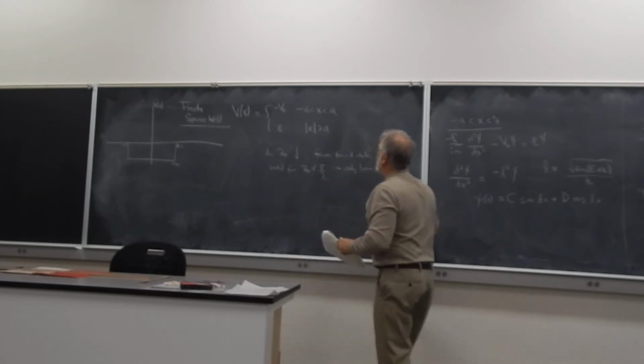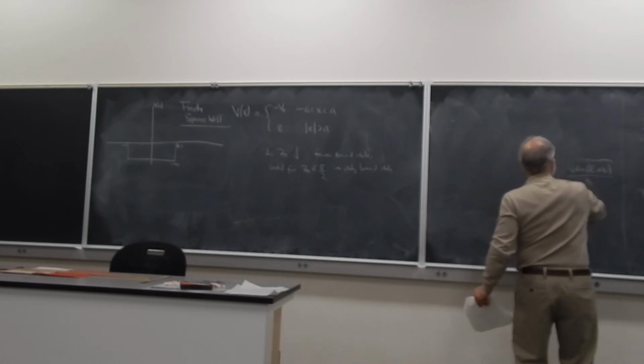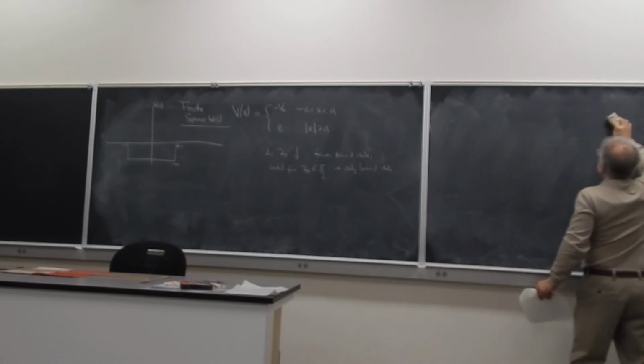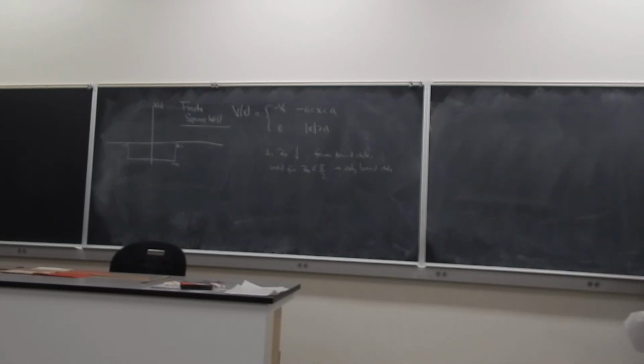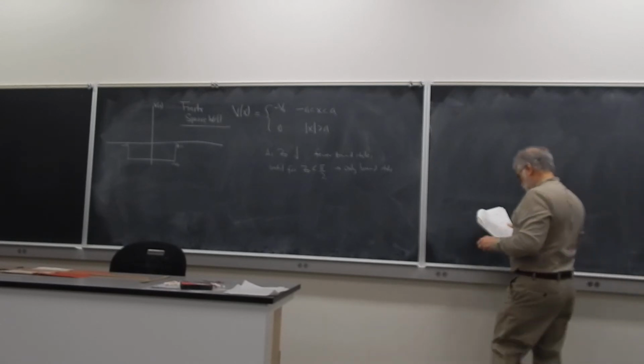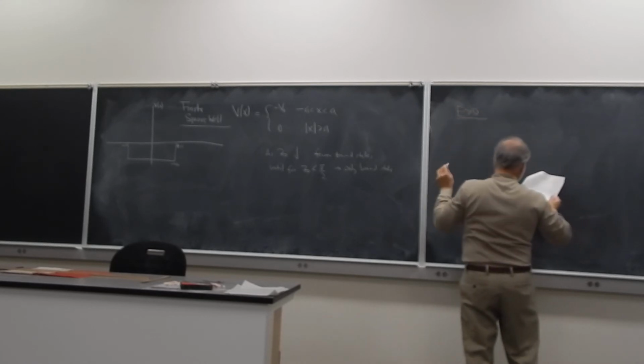But let's look at the scattering states. Bound states are only half the issue. Let's see what our scattering states look like. So in this case, E is greater than 0.